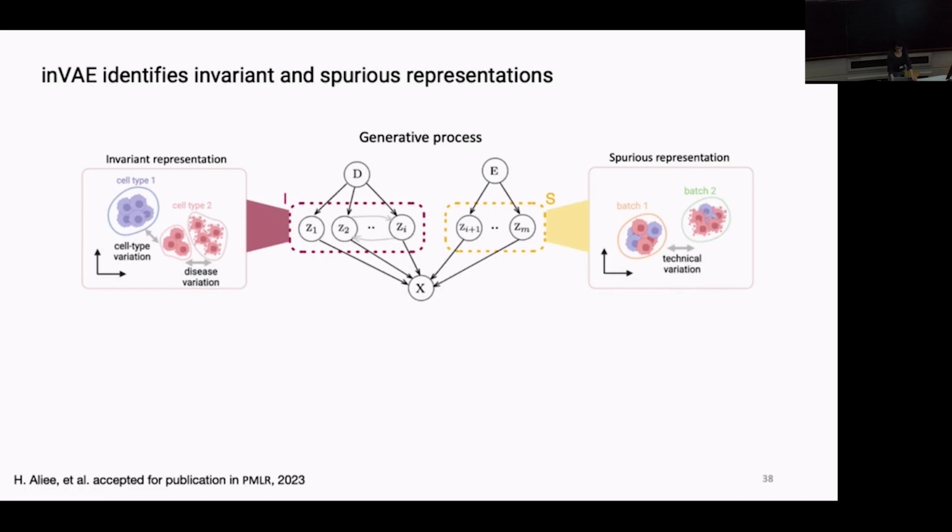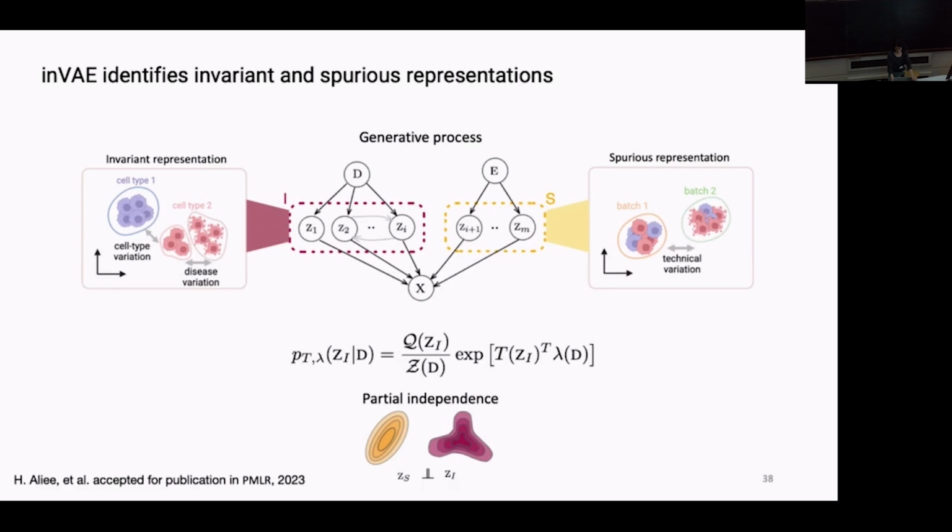Something important to consider is that there should be a partial independence between the spurious and the invariant representations, which we enforce using some regularizations. Often we also assume that the latent variables are orthogonal to each other, so we add regularizations to make sure they are independent.